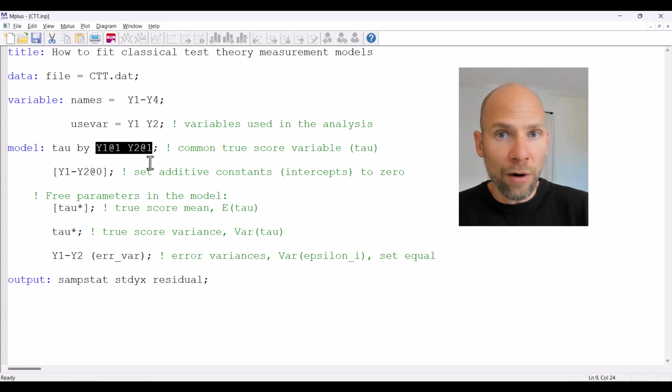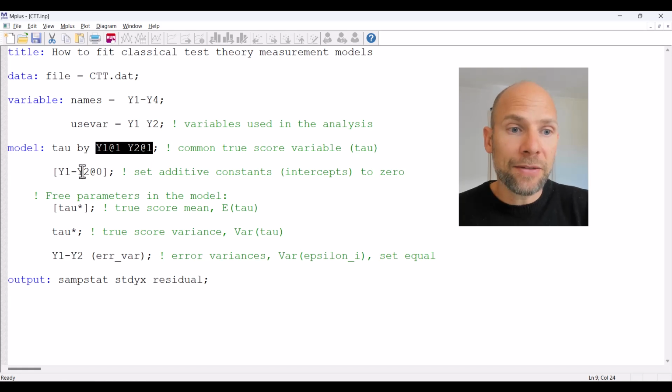And so if you had more variables in your model, then all of these would have to have the @1 at the end in the BY statement so that Mplus knows that all loadings are fixed to 1. That's one implication of the strictly parallel model, that all variables have the same factor loadings, and we can simply fix them all to 1.